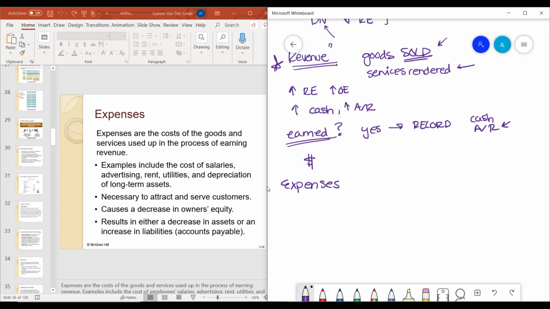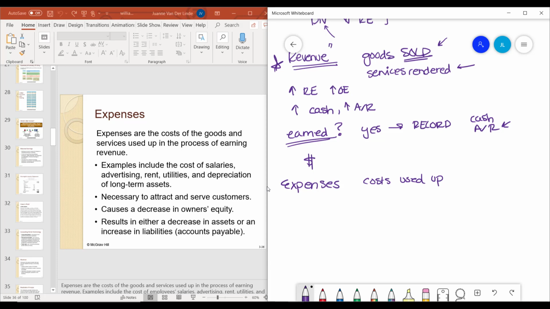So it's the costs, the key word here, costs used up in a given period to generate revenue. Examples would be salaries expense, advertising, rent, utilities, depreciation, okay? And you have to spend money to make money, right?